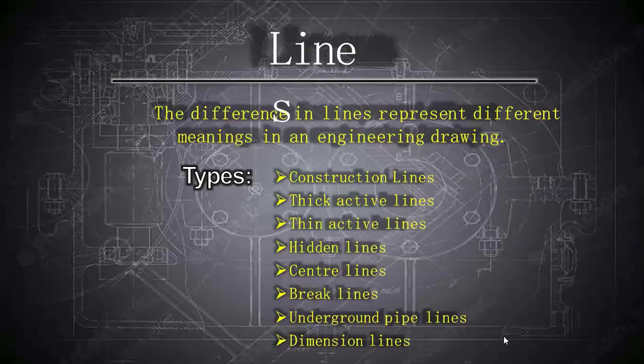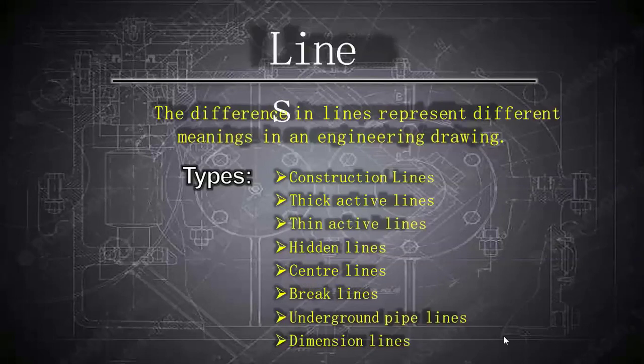Construction lines are drawn for constructing a figure. They are shown in a geometrical drawing only. They are continuous thin, light lines. Next are the thin active lines. The thin active lines are the imaginary line of intersection, grid dimension, extension, projection, and short center.